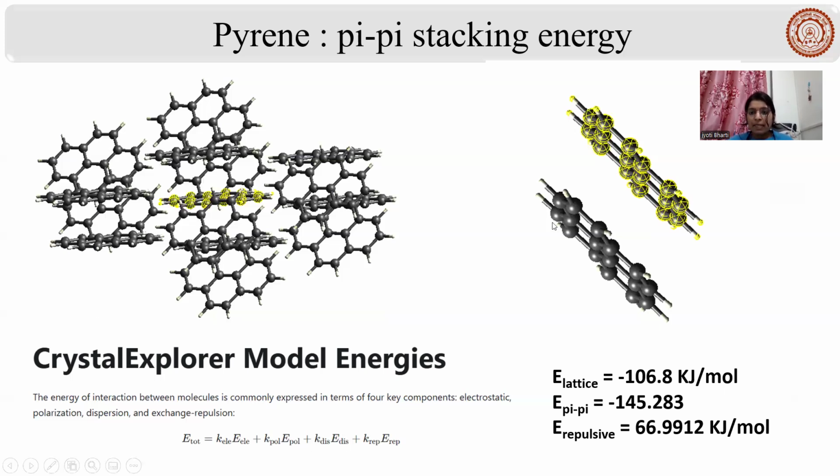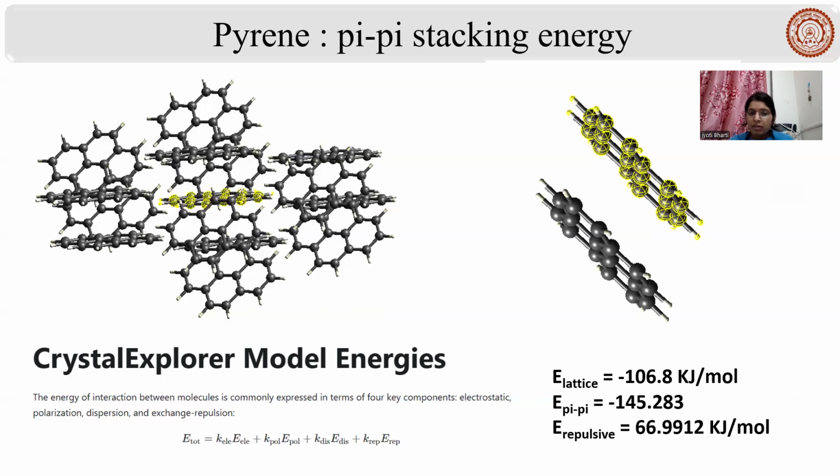So the pi stacking energy, I have mentioned here, is minus 145.283 kilojoules per mole, and we have also calculated the lattice energy using the same formula, which is minus 106.8 kilojoules per mole. Why have I mentioned the repulsive energy? Because, as we can see, the lattice energy is less negative compared to the pi energy.